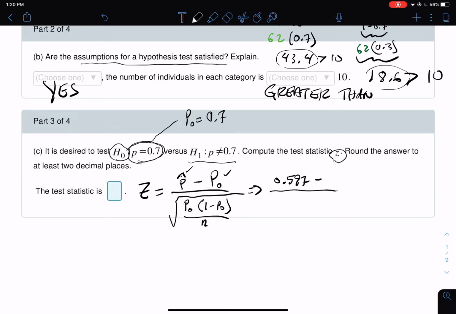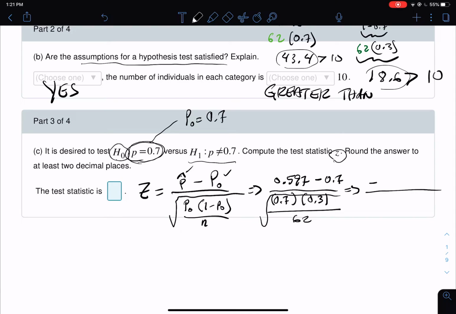We already saw that right here. That's 0.7. That is divided by the population proportion from the null, which is 0.7, times its complement, which is 0.3, 1 minus 0.7. That gets divided by a sample size of 62, and the whole thing is square rooted before we divide. So then we do the math.